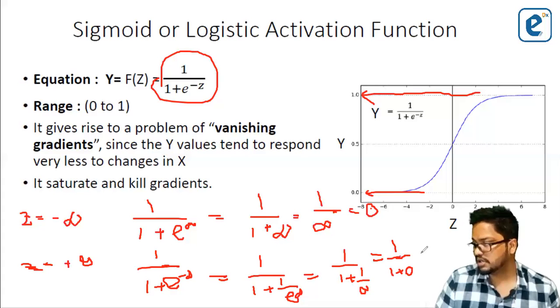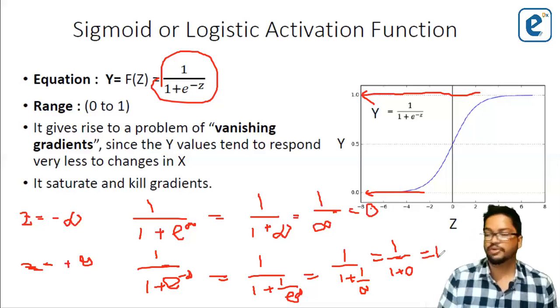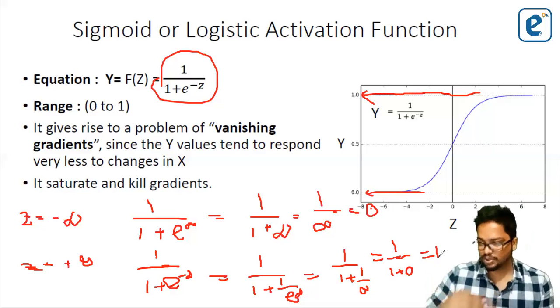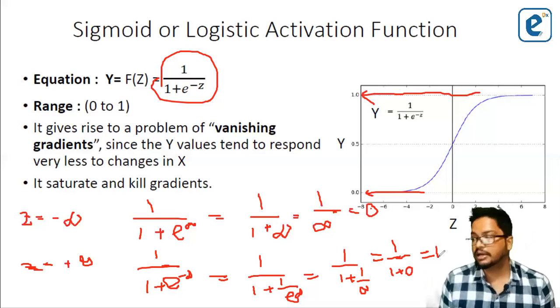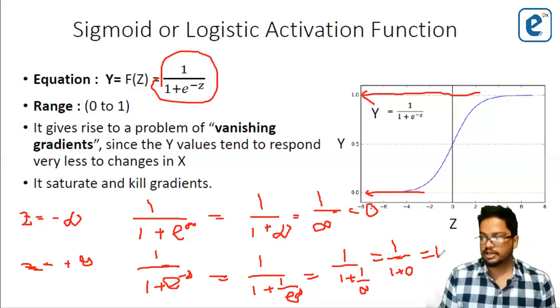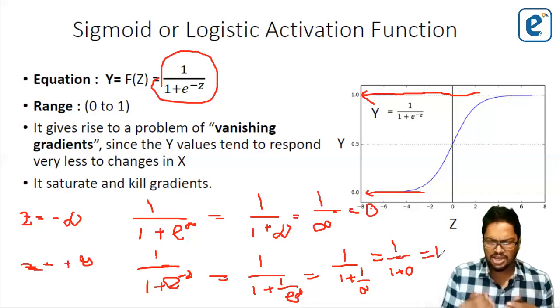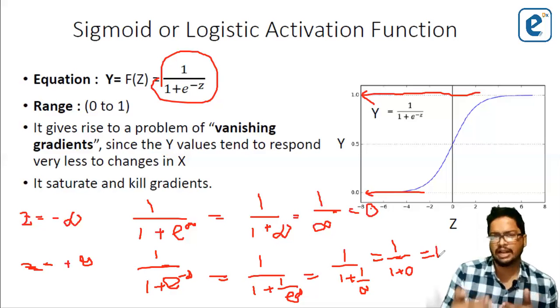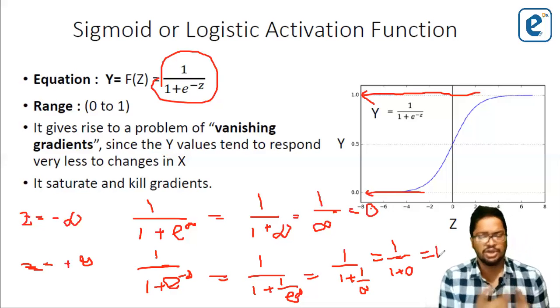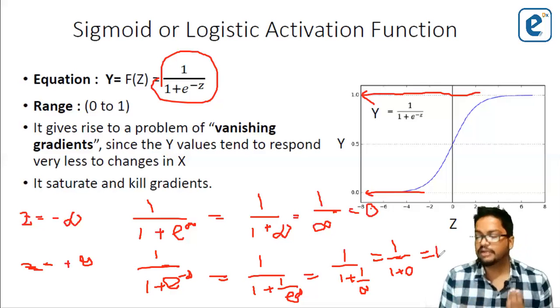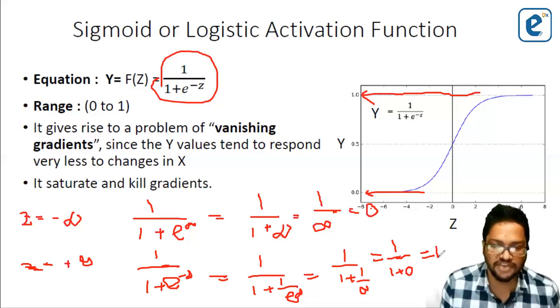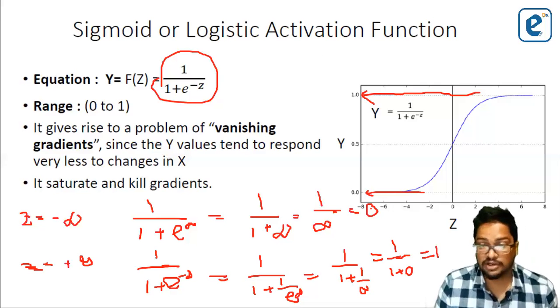So this results in 1. So you can see this is saturated between 0 and 1. That's what you call the sigmoid activation. This is a non-linear activation. I will explain linear and non-linear activation functions and their usages later, but I will first go through the different types of activation functions.